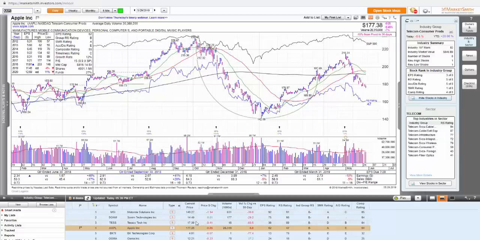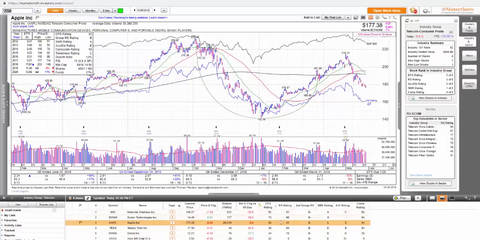So if you think, for example, the industry is going to improve over the next few months, but you don't really like Apple, you click on this button and it gives you all the stocks in that industry, and you can rank them by composite rating if you want. You can rank them by earnings growth, and so you'll pull up the best stocks in that list up to the top, and you can start looking at those charts.